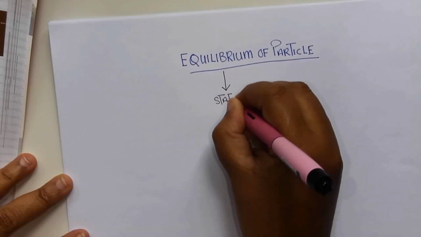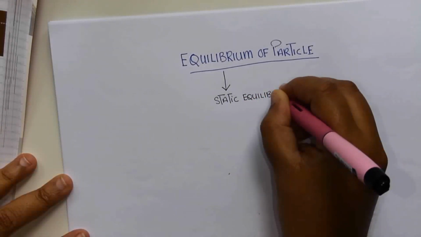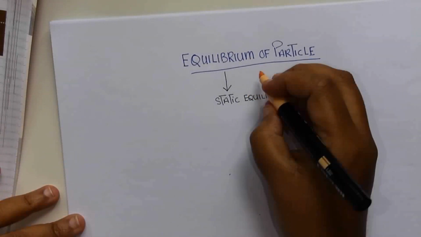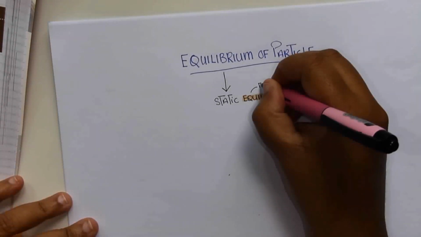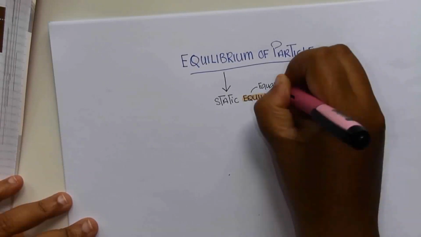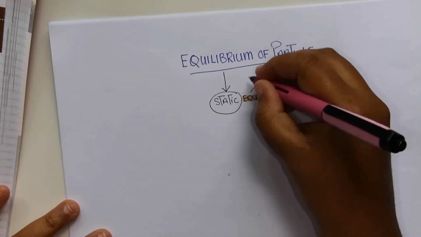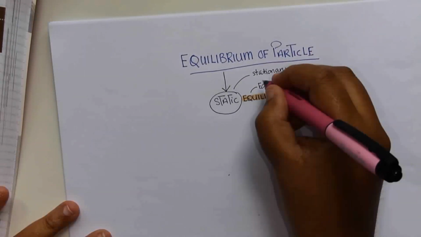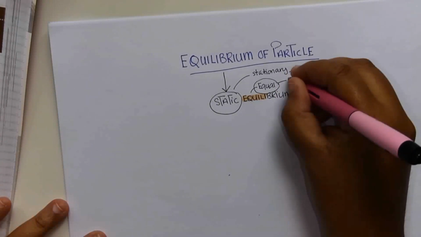The word equilibrium comes from the word equal. Static means stationary, a particle is stationary. So when we talk about equal, what quantity are we referring to? We are talking about equal forces.